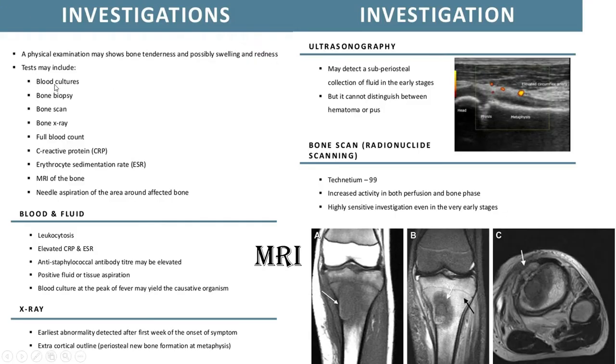After that we can go for blood culture, bone scan, x-ray, full blood count, CRP; ESR will be high, and we can do MRI. MRI is a very fruitful investigation to know the extent of the disease and to exclude other diseases with similar clinical presentation. I will discuss it immediately.